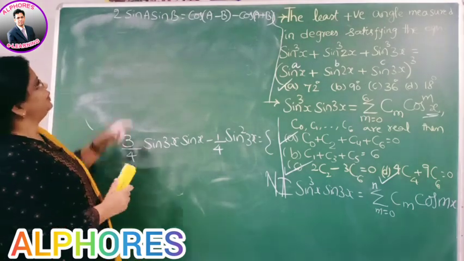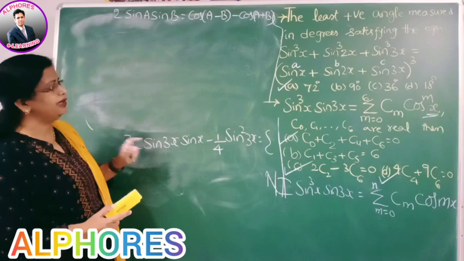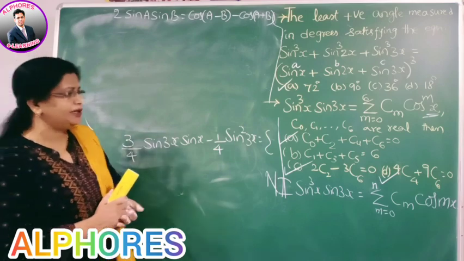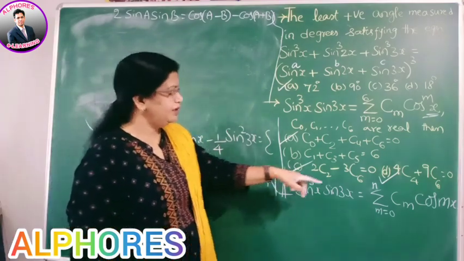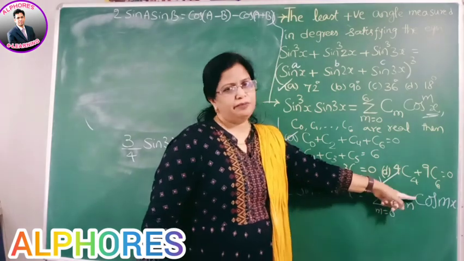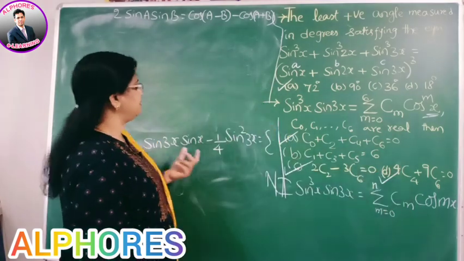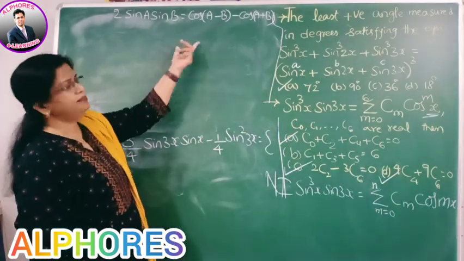So now you are going to make use of this one. The reason is what here? Our RHS is in terms of cosine multiple angles. That is the reason we want to make use of this formula.